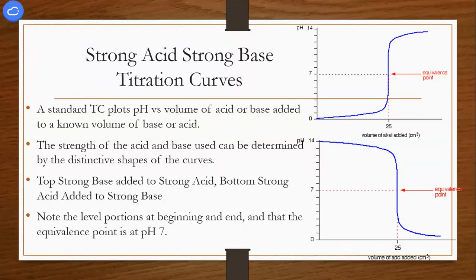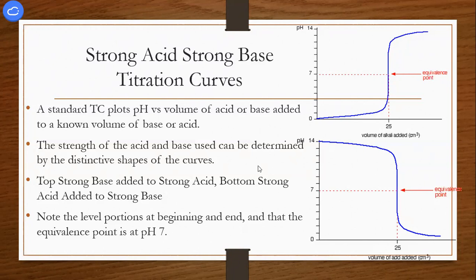If you look at this with calculus, the rate of change goes to 0 at that point, and the acceleration also goes to 0. This is called an inflection point. So you can actually calculate this and find the exact pH and the exact volume at which the acid and base are equal, and thus pH is equal to 7.